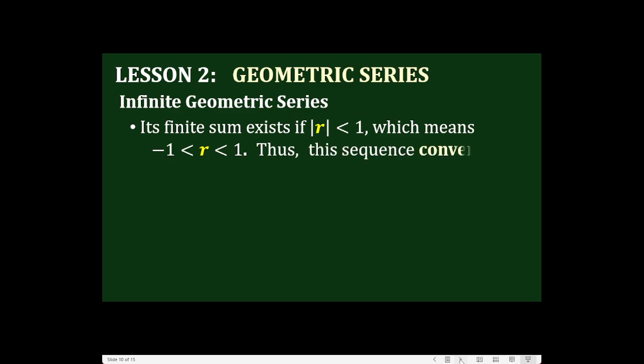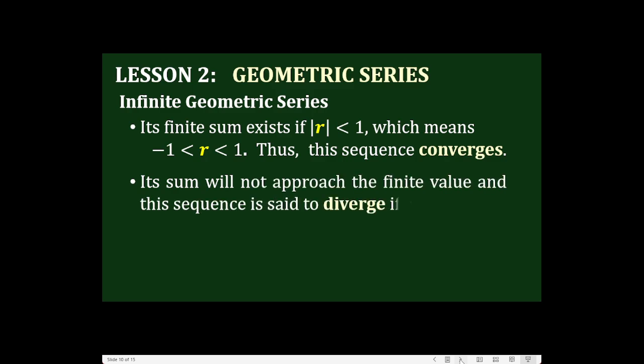Thus, this sequence converges. Meaning to say, the terms of this sequence are decreasing as the sequence approaches 0, or each succeeding term approaches 0. That is what we mean by a converging sequence.